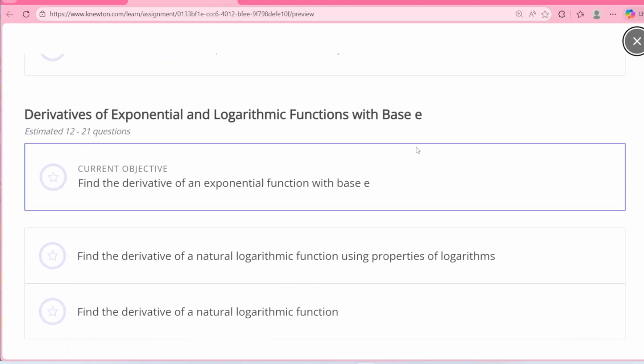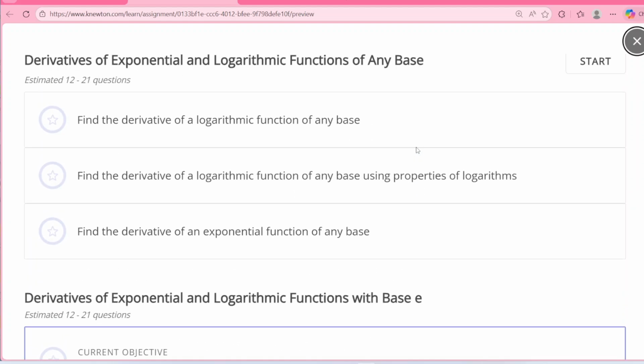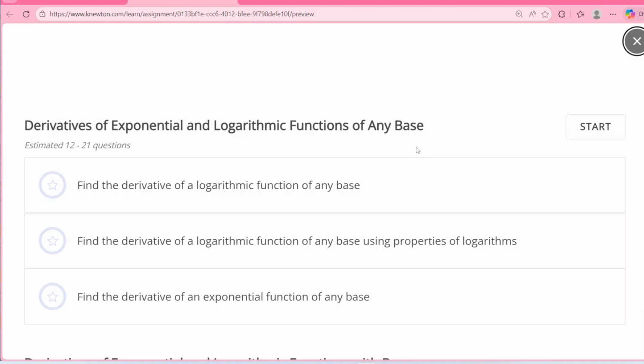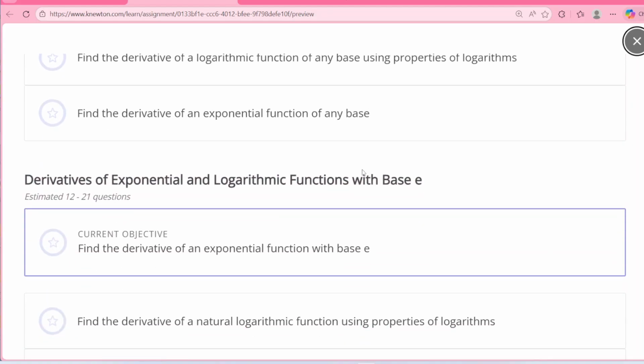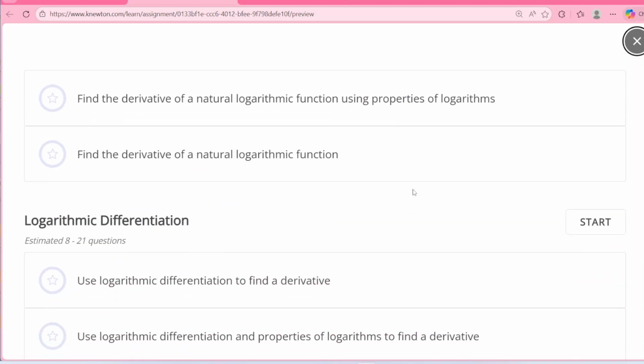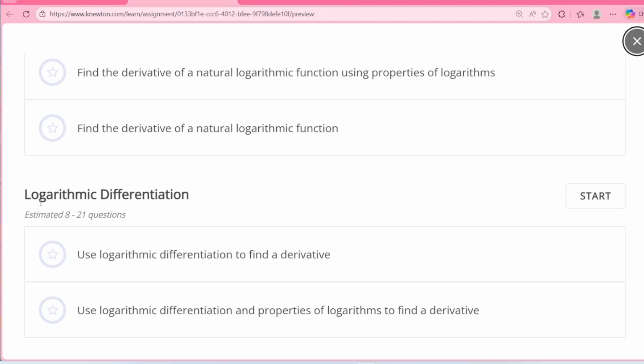So this particular assignment looks like it has 8 objectives broken up into 3 headings. So you have derivatives of exponential and logarithmic functions of any base with base e, and then a method of differentiation called logarithmic differentiation in the last heading.